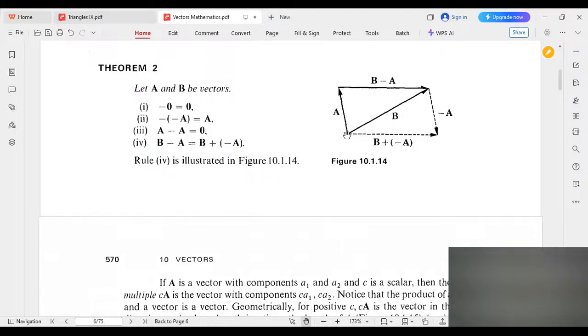This is A plus B minus A equals B, and minus A plus B plus minus A equals B.